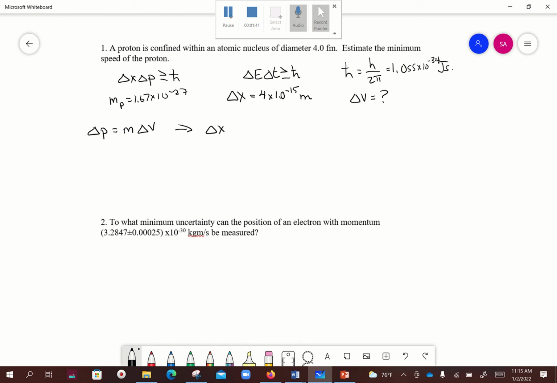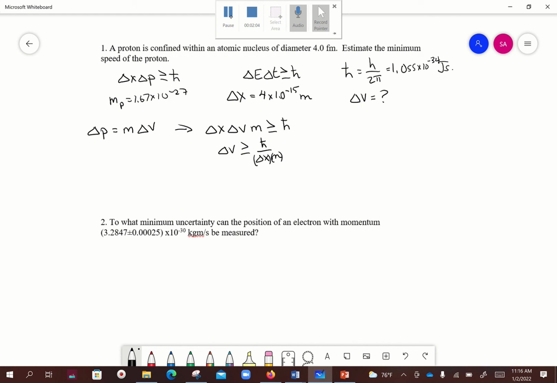let me write it out in whole. So delta x times delta v times m is greater than or equal to h bar. So delta v is greater than or equal to h bar over delta x and m. So I'm going to put that in.